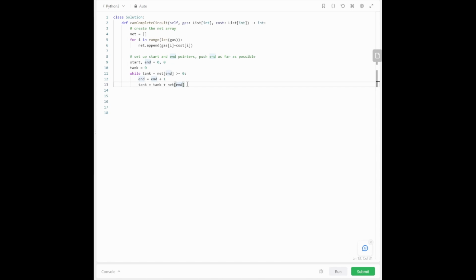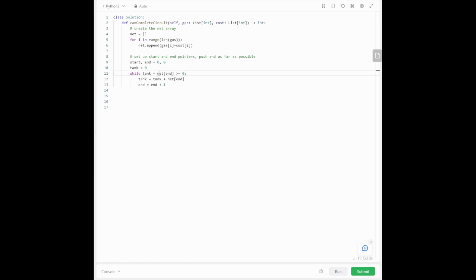But notice I actually made a mistake here, because I've set end to be end plus 1, and then I added net end, but I added the wrong position. If you remember in the drawing, what I want to consider is the gas station that I'm pointing to before I move end forward by 1, meaning end equals end plus 1 should go after.